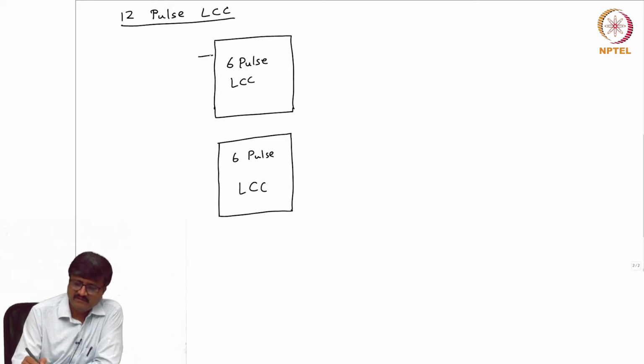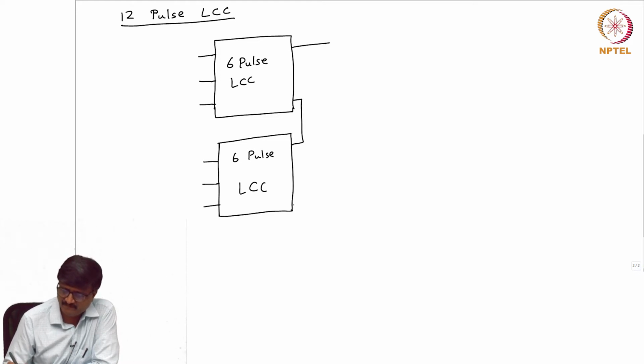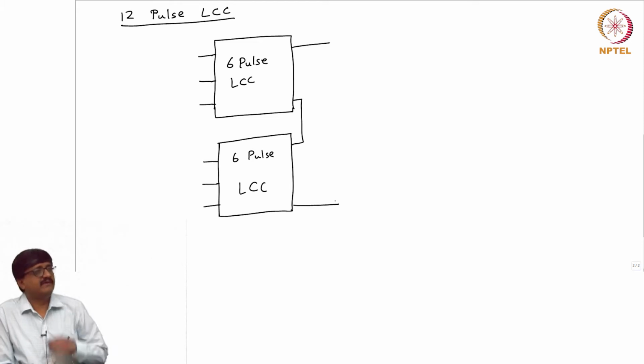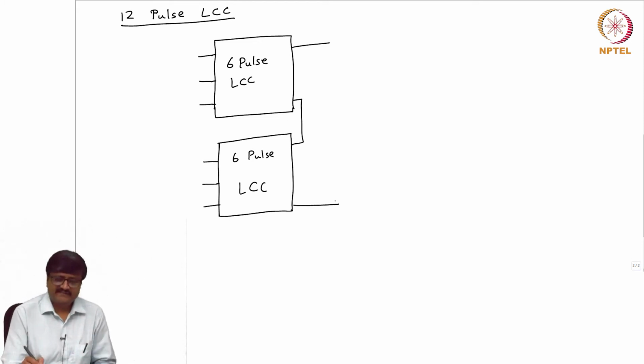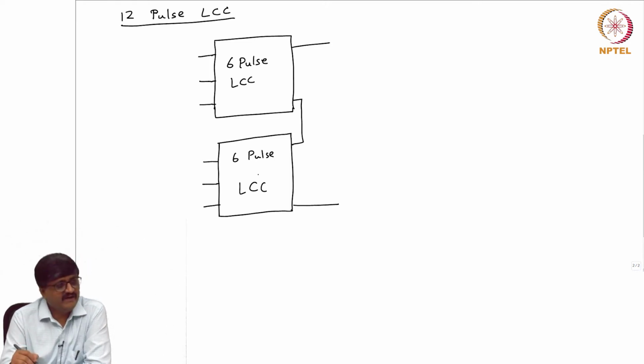There are 3 wires on the AC side of both 6 pulse LCCs, and the DC sides are connected in series.